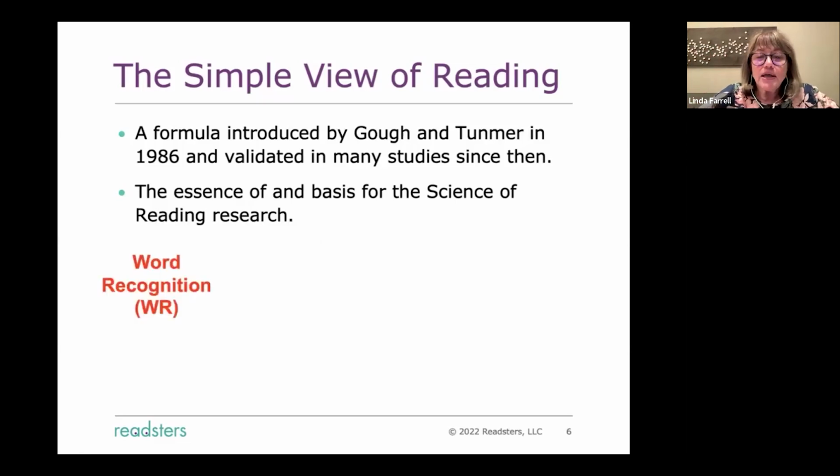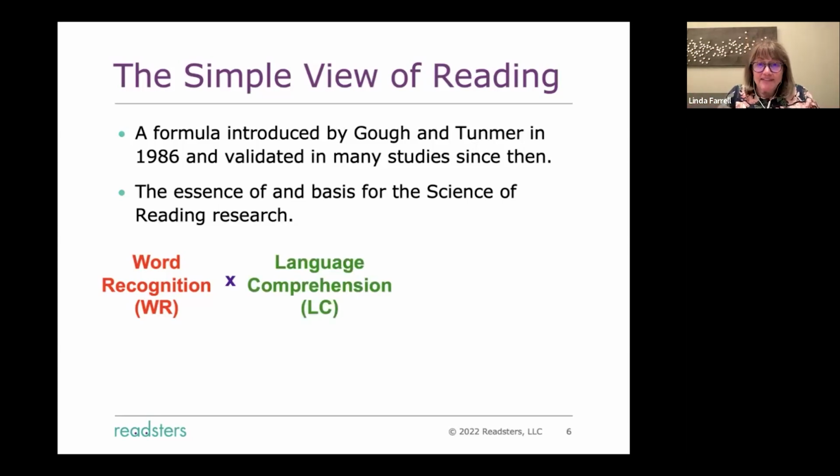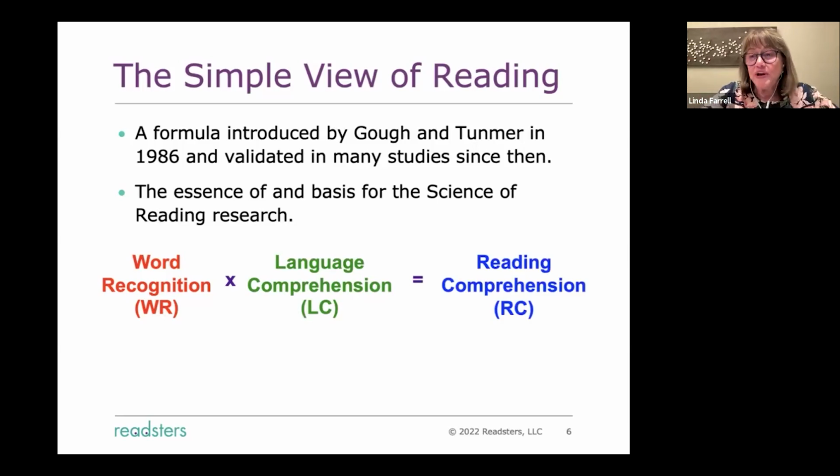The simple view of reading is this: if you give me a word recognition score for a student (this used to be called decoding, but they've updated it to word recognition, and that is students reading nonsense words out loud), you give me that score as a percentage, and then you read a passage to someone, ask them questions or have them do a retell, and assign a percentage to that, I can then predict your reading comprehension.